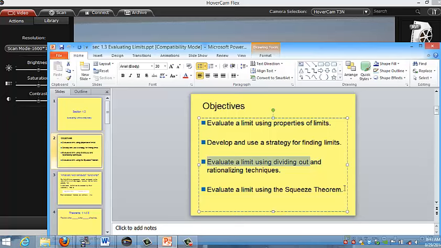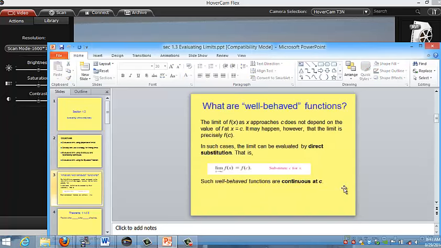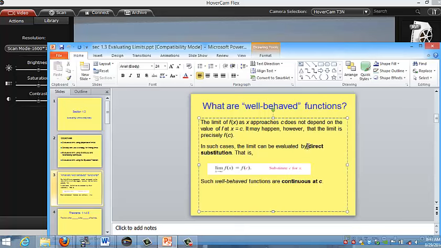So, moving on. What are well-behaved functions? There's a highlighted word here, direct substitution. What does that mean? Over on the board we said put what in for x? Put the A in. I think here it's a C. But there's a name that you should know.